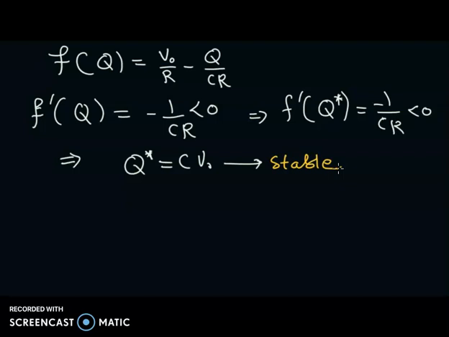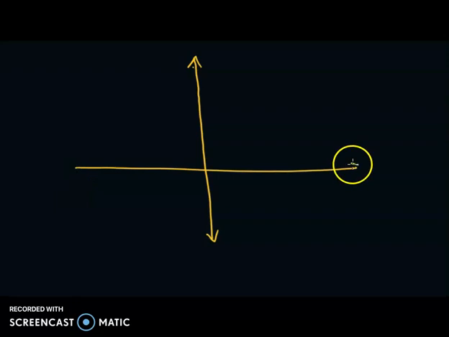Secondly, we can do this graphically. So let's have a coordinate system. This is q and this is q prime.